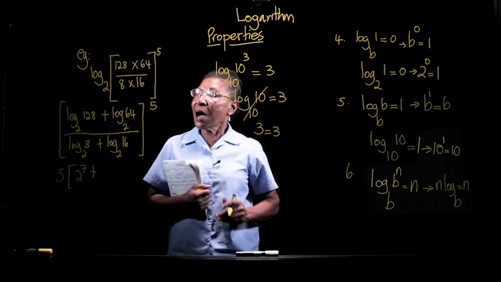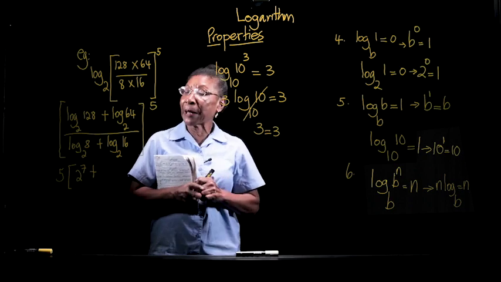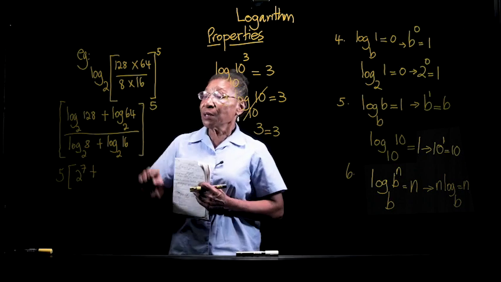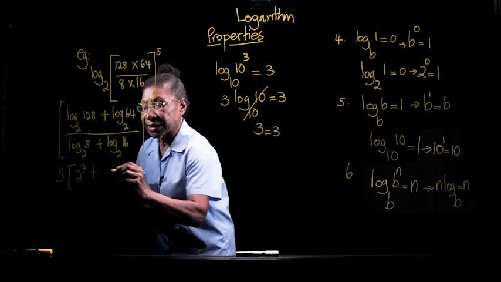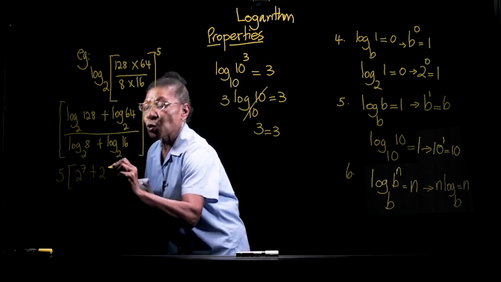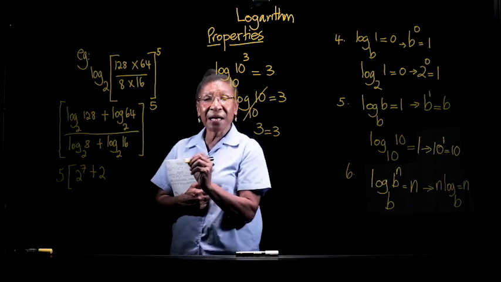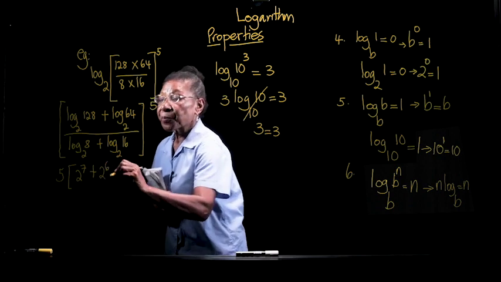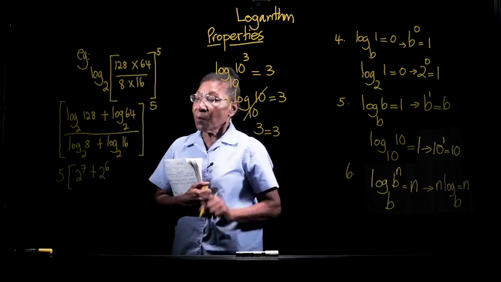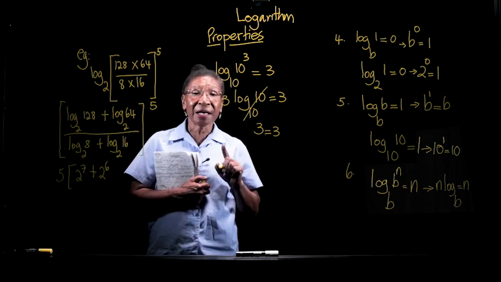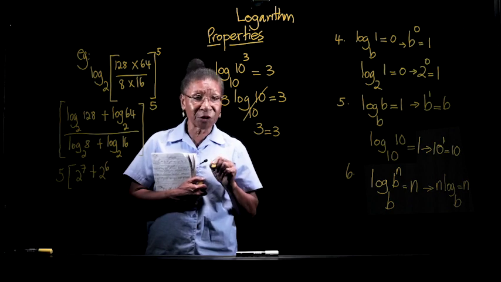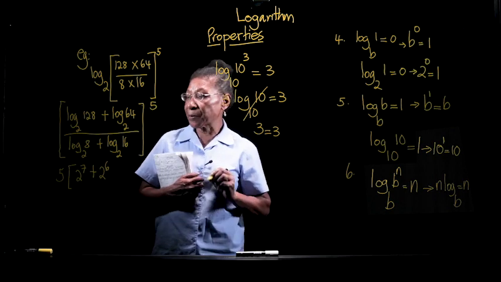Adding that onto, how many times could we multiply 2 by itself to give us 64? The answer is 6. So if we multiply 2 by itself 6 times, it gives us 64. Divide. Okay, a property says that when you're dividing, it becomes a subtraction. That is the quotient property.